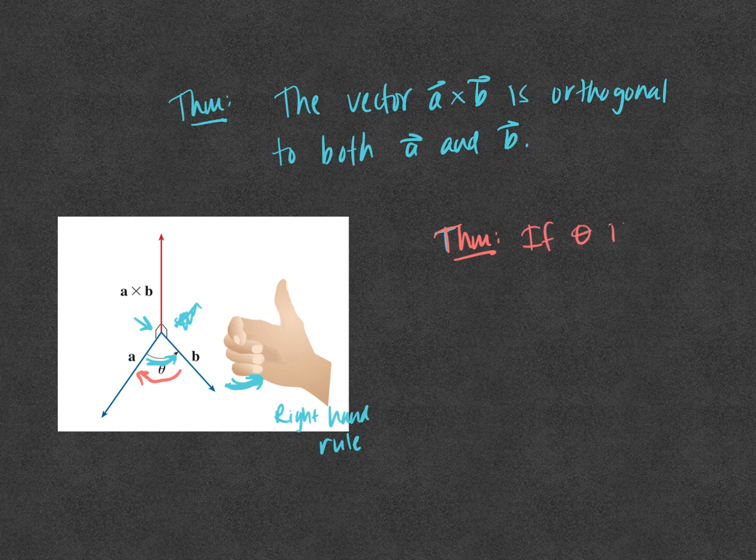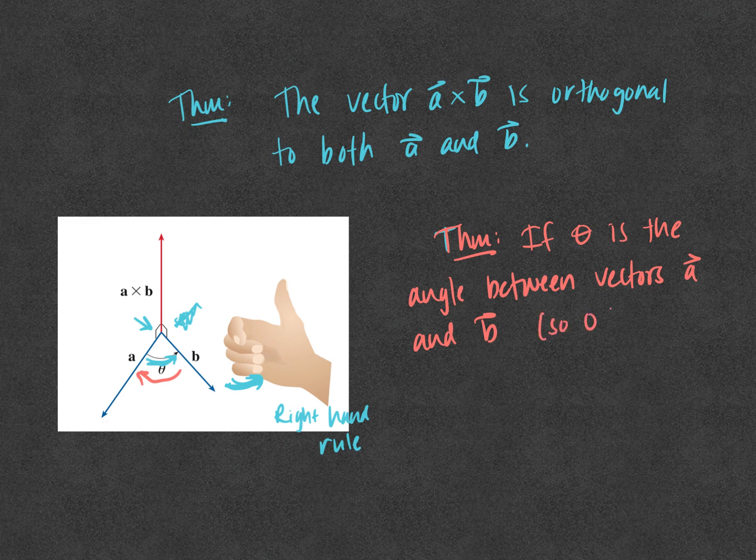It says if theta is the angle between the vectors A and B, now remember that we're going to be talking about sine, so we're looking at an acute angle. So theta is between 0 and pi. But if you think of it in terms of a triangle, it makes sense.